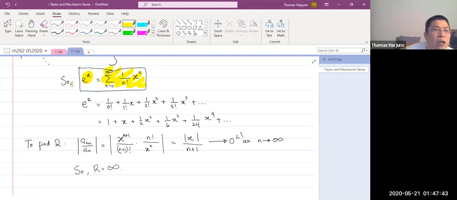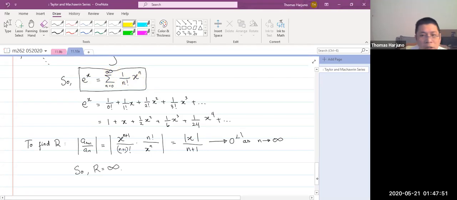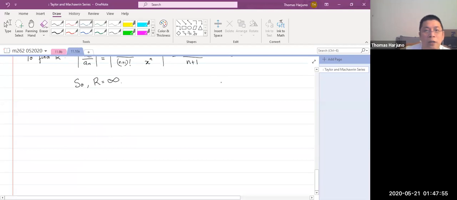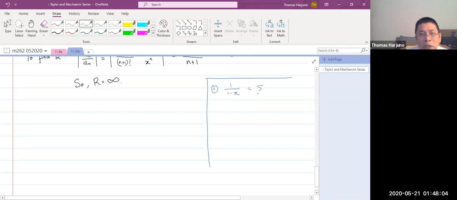Now that's one very well-known one. Unfortunately, you have to memorize this. You will see later on there are some series that you have to memorize. I'll list them first for now. The ones that you have to memorize are: 1 over 1 minus x equals the series of x to the n from 0 to infinity.